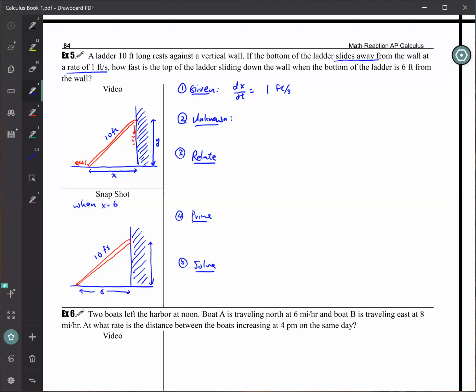Okay, what's the unknown? Nicole, what's the unknown? dr over dt. Where's the r? The rate. Which rate are we finding? How fast the ladder slides down the wall. So that's going to change which variable in the picture?